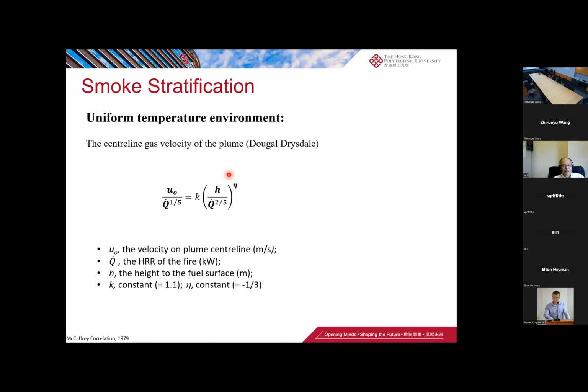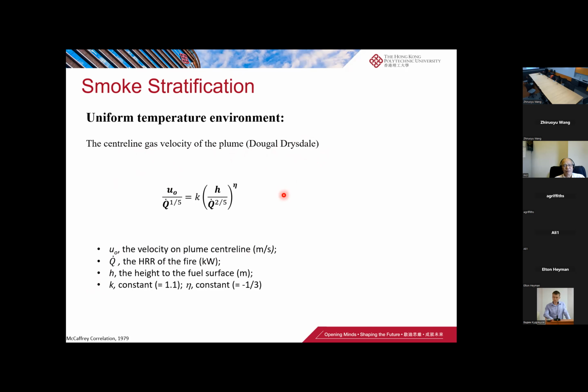Dynamics. In that book, there is a correlation for the centerline gas velocity of the plume. This correlation actually is McCaffrey's plume model. McCaffrey has a set of equations to express the characteristics of the plumes.